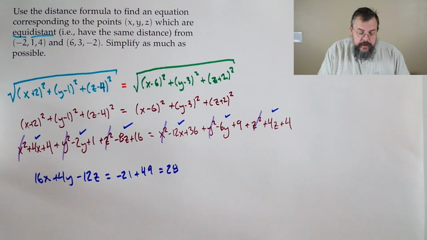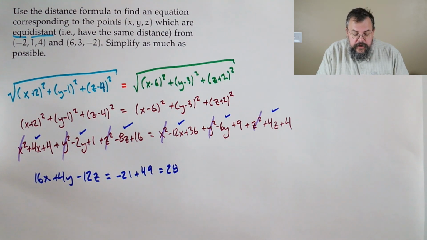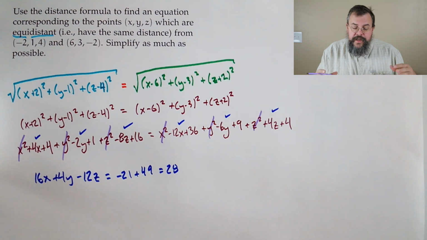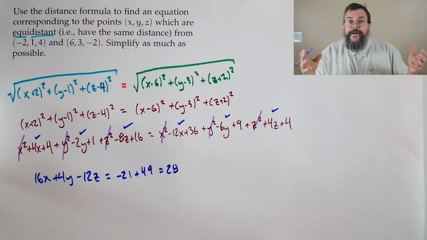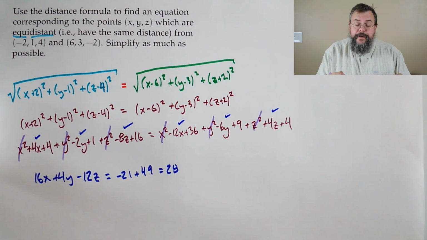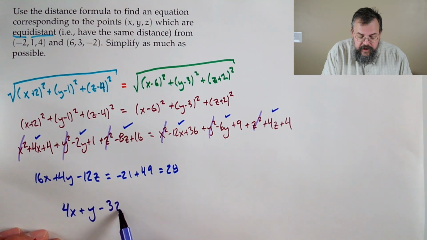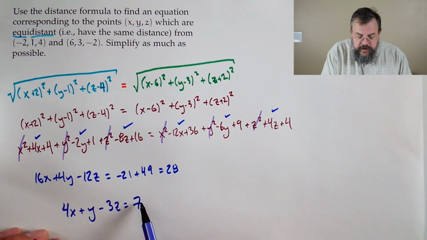Well, almost there. Can we do anything else? Well, all these numbers, 16, 4, 12, 28, they're all multiples of 4. Well, let's divide by 4. 4x plus y minus 3z equals 7.